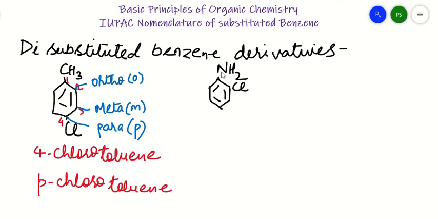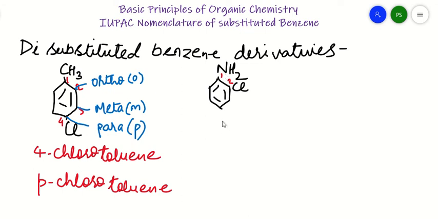Similarly, if in this compound Cl is not there, it would be called aniline. So this is carbon number 1 and this is carbon number 2. The second position of this benzene ring is called the ortho position when monosubstitution has already happened, and we assume NH2 is already present in the ring.